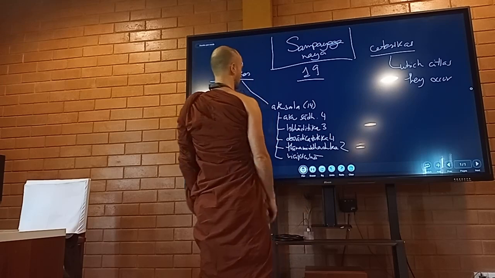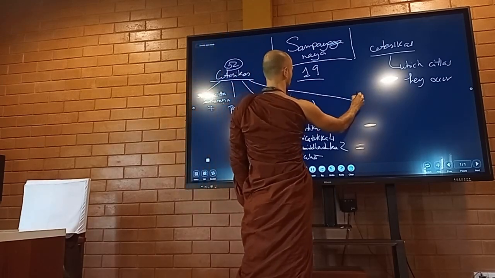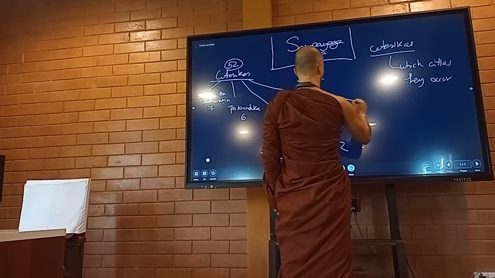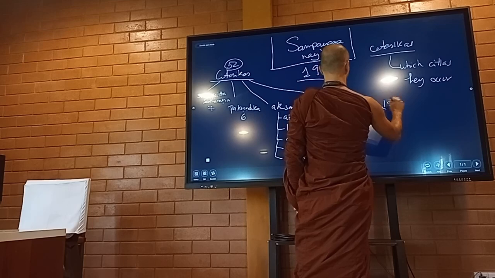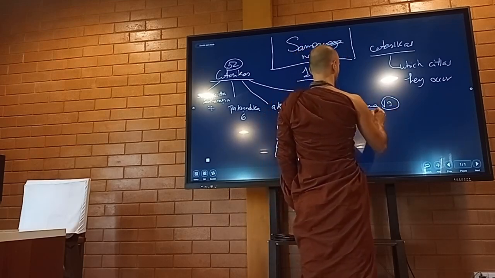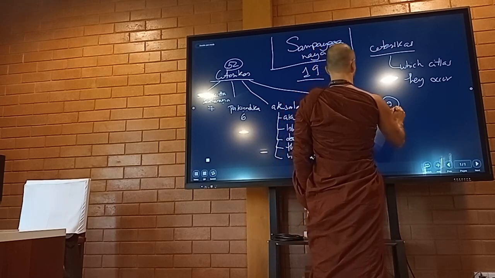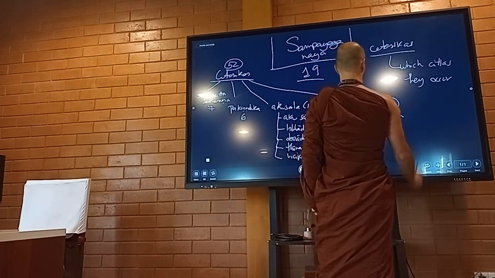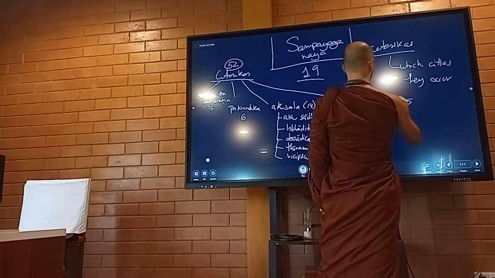Okay. 14 akusala. And then we have what? Sohana, right? 19 sohana. We divide them into? What is the first group within sohana? Sohana sadharana, 25. Sorry, 25, not 19.